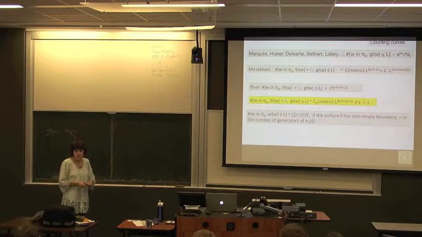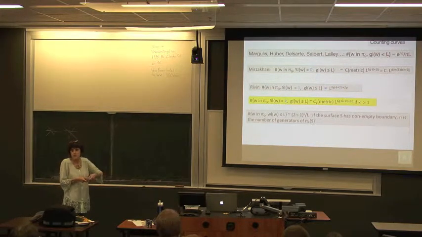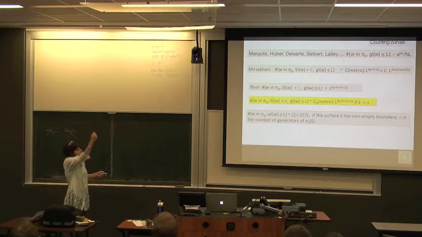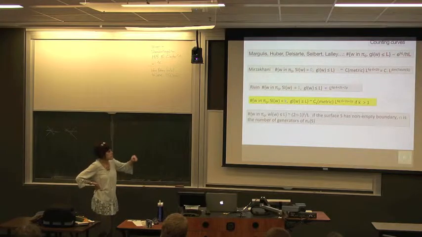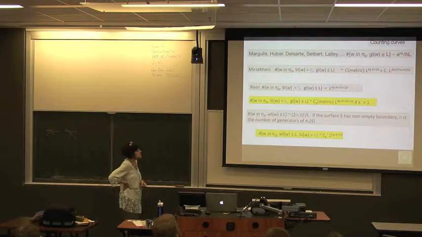If you have n generators, you have 2n letters in total in your alphabet, but there's one forbidden because these words are reduced. And then it's a ring of letters, so you have to divide by L. This is a little overcounting, but when L is large, it's pretty close.